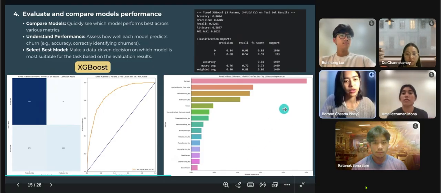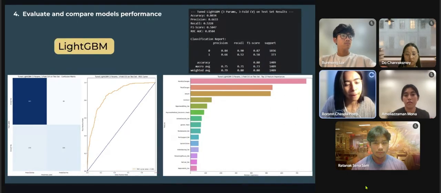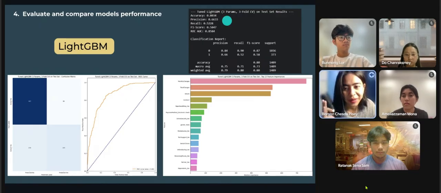The next model that we used was the LightGBM. The tuned LightGBM model achieves an accuracy of 0.80 and an ROC AUC of 0.8584, indicating decent classification performance.